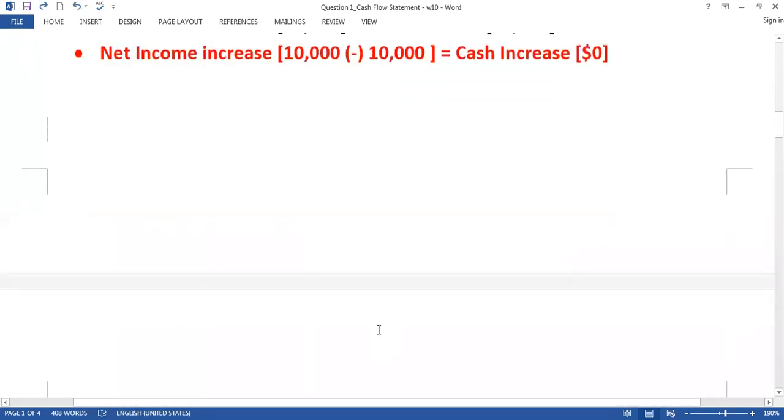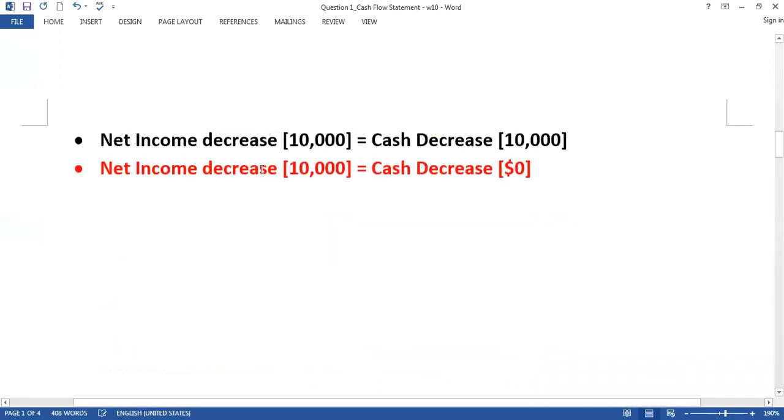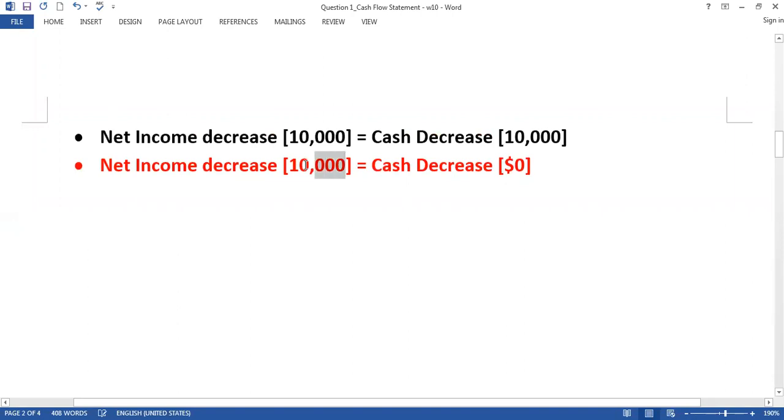Okay, look at this example. Net income decrease $10,000, but cash does not decrease. Decrease means it is already minus, right? Decrease means I can put first bracket. First bracket means decrease.